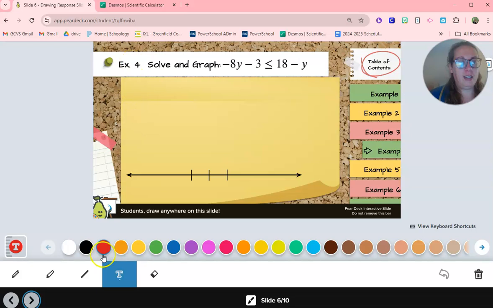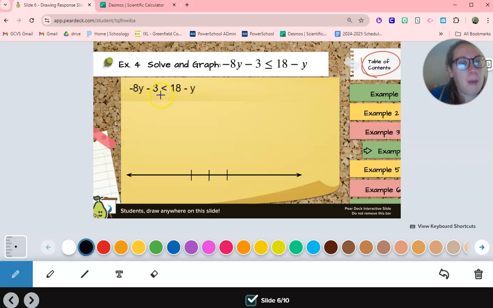Okay, slide 6 here, we have negative 8y minus 3 less than or equal to 18 minus y. So first of all, I'm going to make my or equal to sign underneath there. Perfect. So I want to get the y's together on the left side.